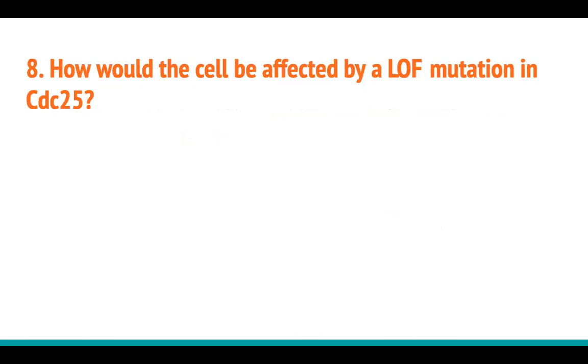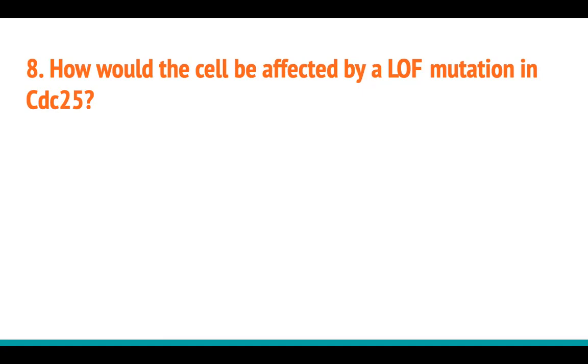All right, so CDC25, what would happen if there were a loss of function mutation? If that happened, then it probably wouldn't be able to dephosphorylate the CDK cyclin.